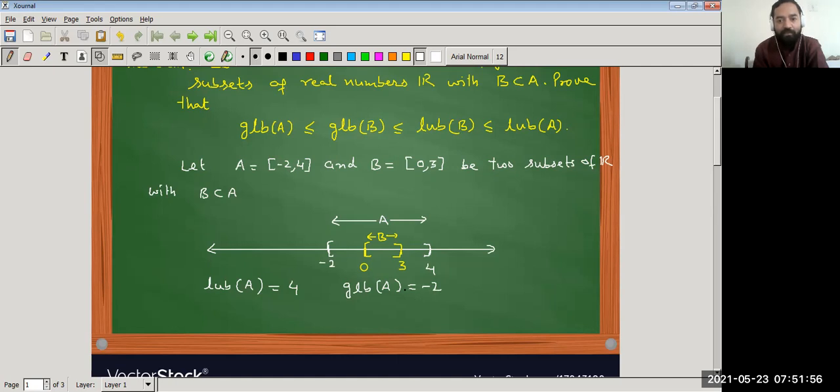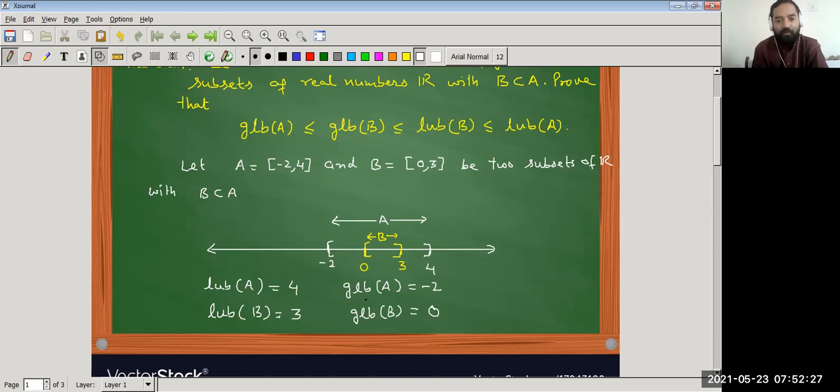We have already discussed this example in the previous lecture. Now similarly, if we talk about set B, the least upper bound of set B is, yes, that is 3. Very good. And the greatest lower bound of set B is 0.